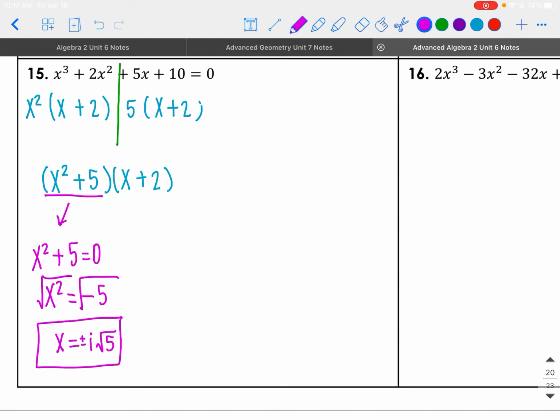And plus or minus. Then we have x plus 2 equals 0. Subtracting 2 gives us x equals negative 2.